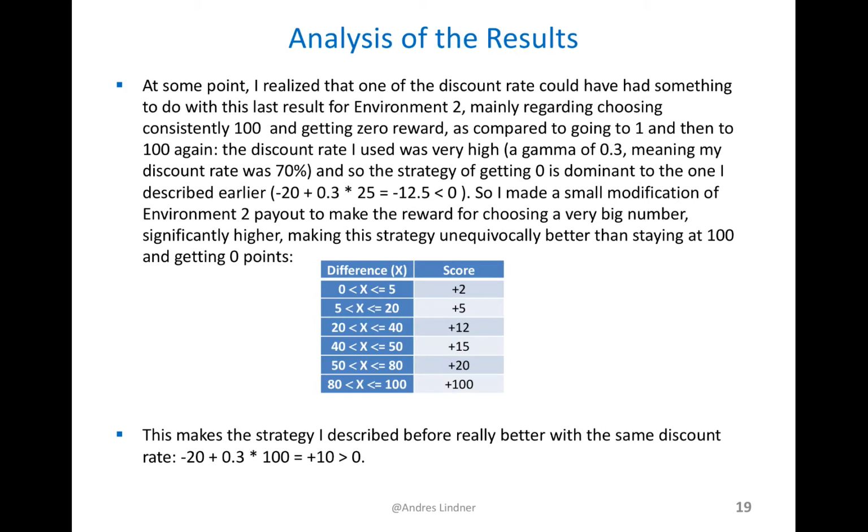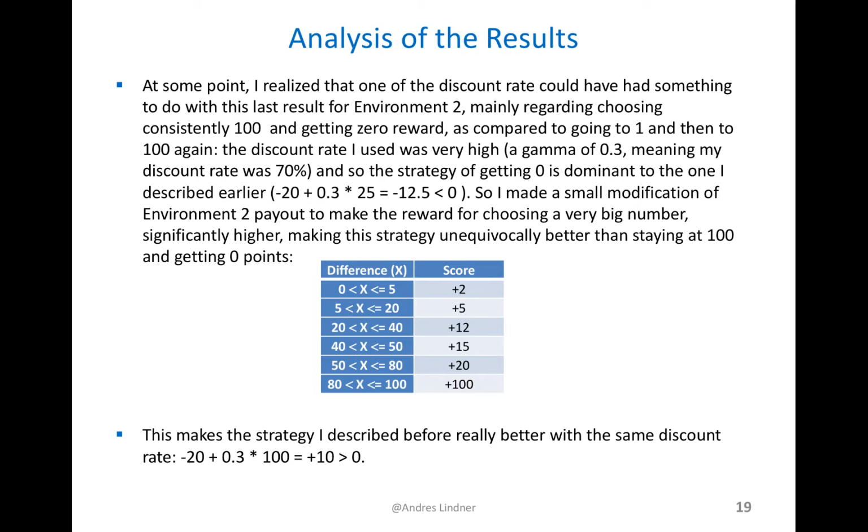But then at some point, I realized something, which is that for the second environment, I used maybe too high of a discount rate. So I understood why it may have decided to play 100 after 100 and choose 0 over getting minus 20 and then maybe getting even higher results.